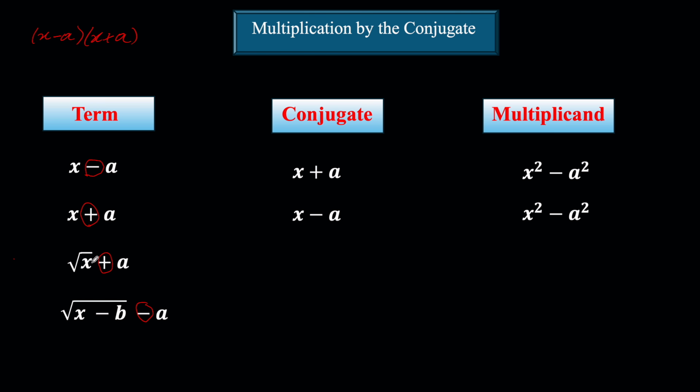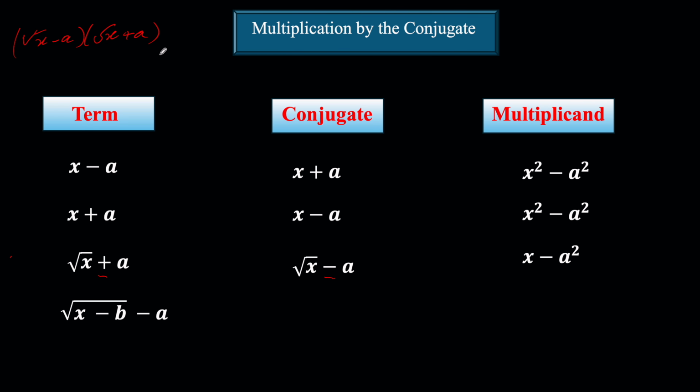Then for the square root of x plus a, the conjugate is the square root of x minus a. We just change the sign. The multiplication is like that: the square root of x minus a multiplied by the square root of x plus a.